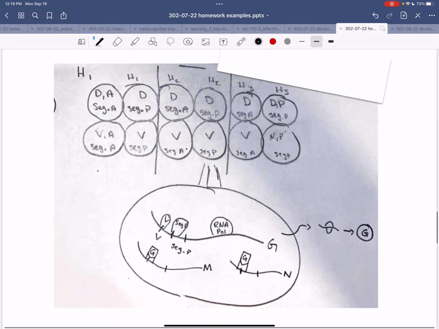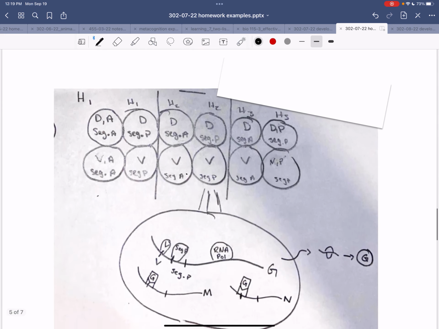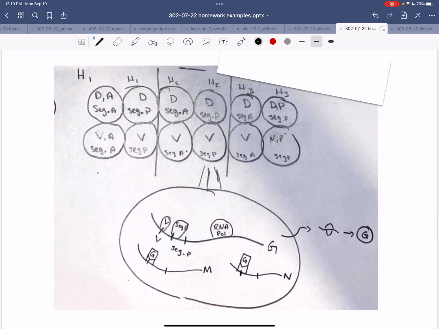Here's another example. Sorry, here's the next question. We want this particular cell, in this case, to be expressing G, which is in turn going to cause expression of M and N. So how do we get gene structure of G so that it's only going to be produced here?